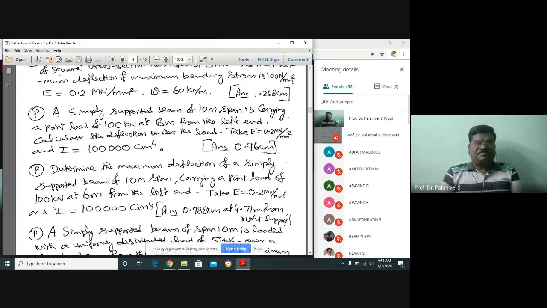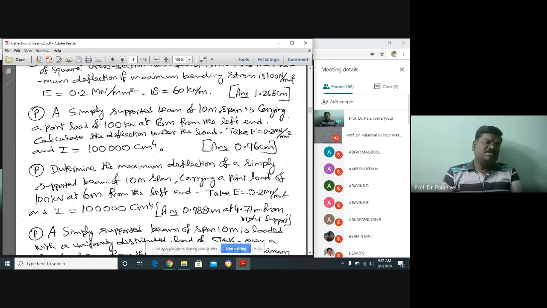Draw the beam, draw the point load 6 meters from the left end, 10 meter span beam. Consider any portion. For the first portion, write the general expression for bending moment. Take A as origin. Carry out integration twice.